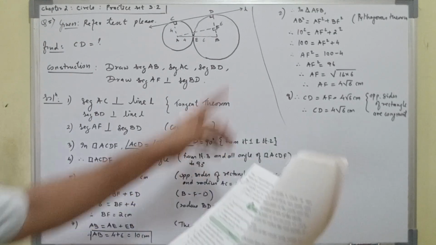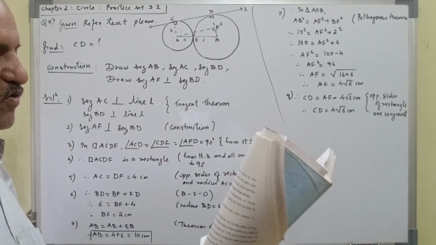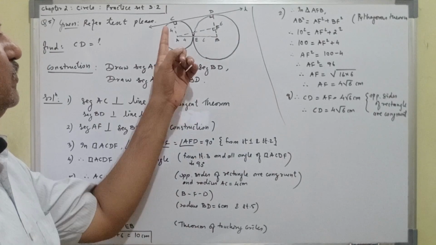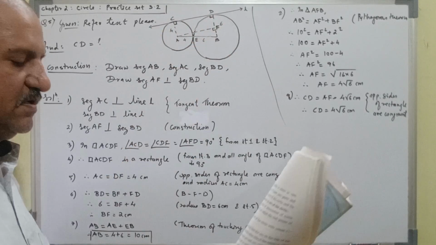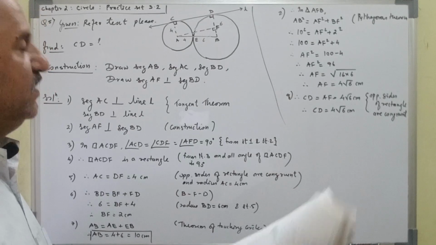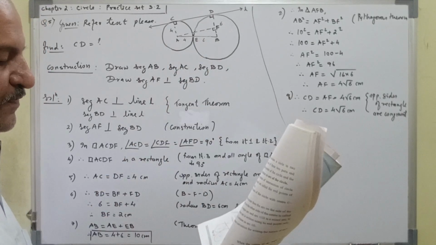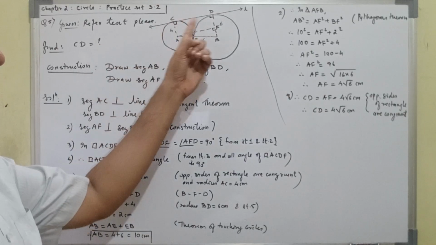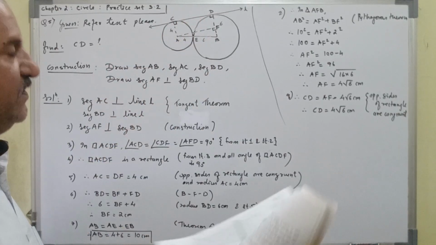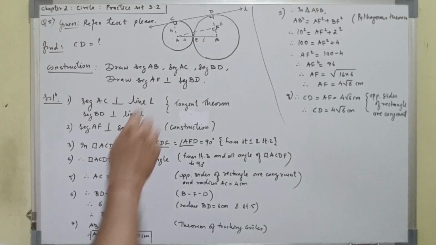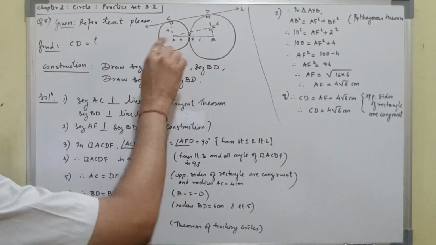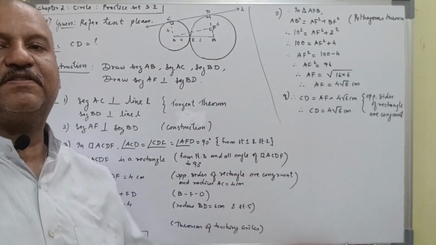Line L is a common tangent to both the circles, touching smaller circle in C and bigger circle in D respectively. Find the length of CD. The radii of the two circles are given as 4 centimeter for the smaller circle and 6 centimeter for the bigger circle.